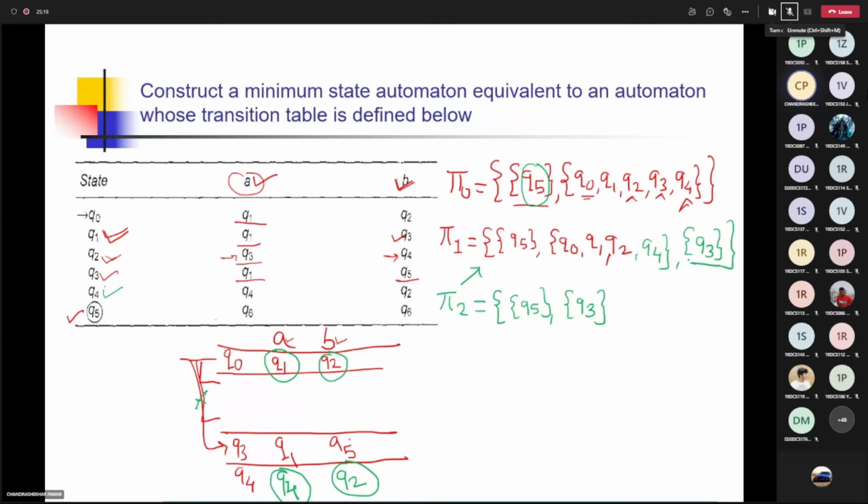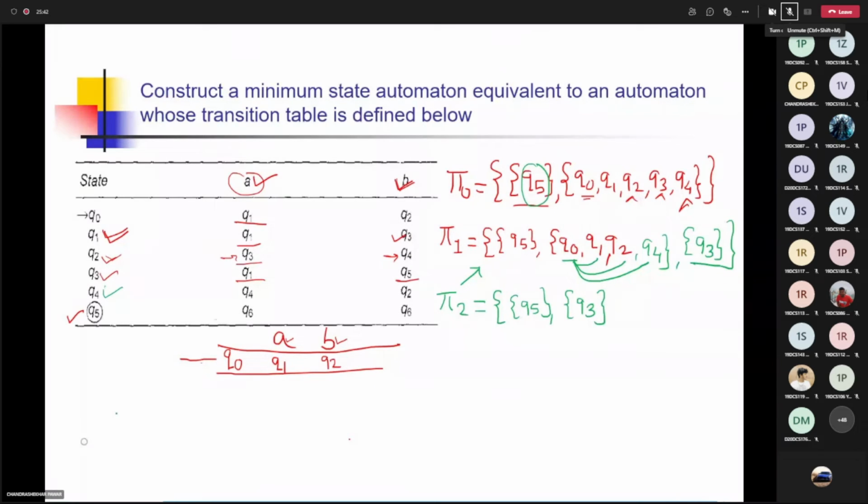We have to just check the equivalence of Q0 with the Q1, with the Q2, and with the Q4, with these three states now. Okay, so let's check that equivalence now.